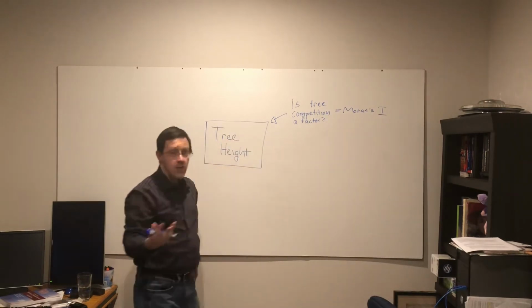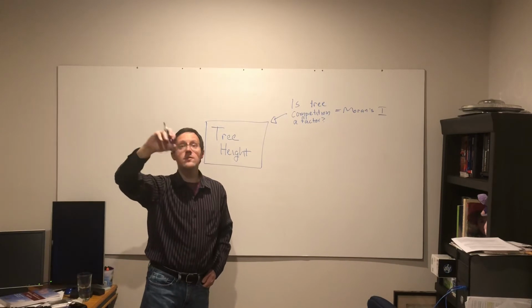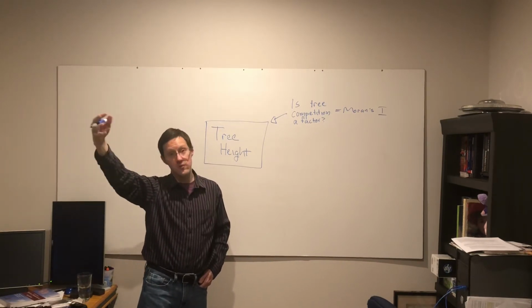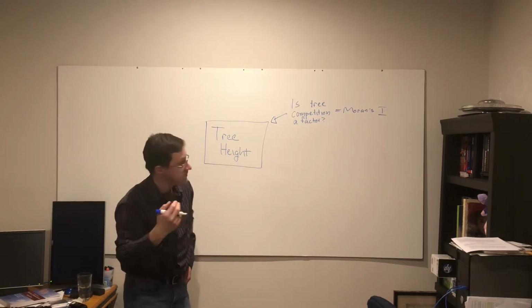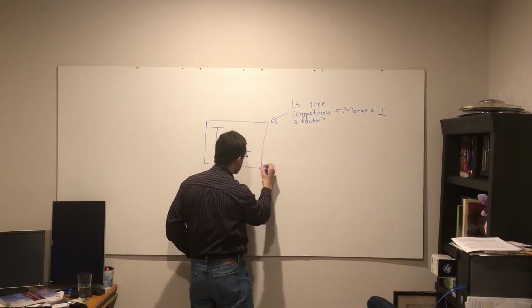I want to say, is competition a factor? That if one tree is tall, that competition between different trees means its neighbors are also likely to be tall. And I can use Moran's I for that.